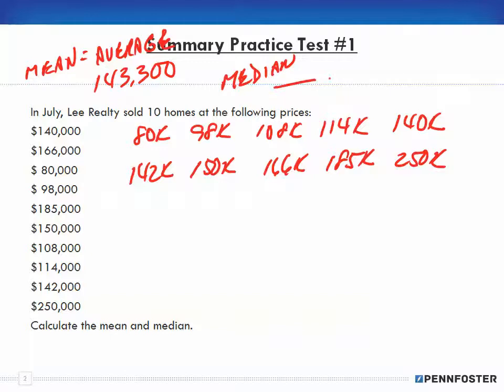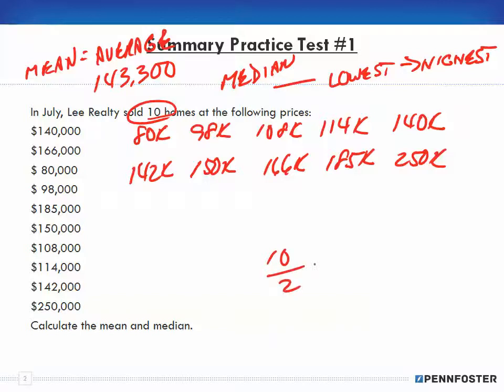Okay, you list from lowest to highest, and we're looking for the middle value. In this case here we have 10 homes. Well, when I take the 10 data points and divide by 2, that means I have to move in 5.